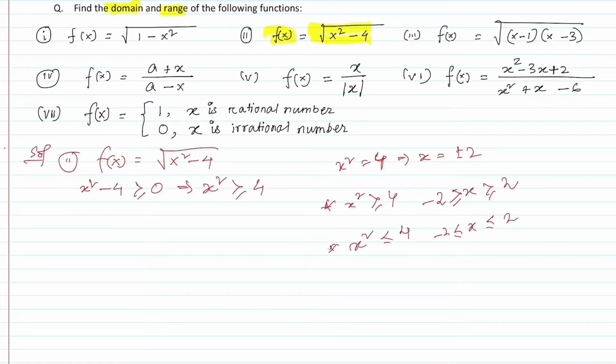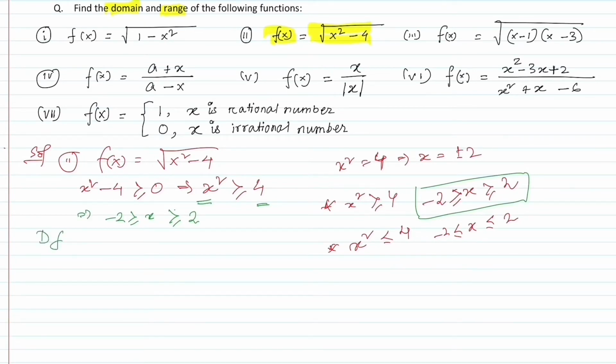Okay, so remember these points. Okay, so now here you see x square is greater than or equal to 4, then we have to use this one. x is less than or equal to -2, and greater than or equal to +2.